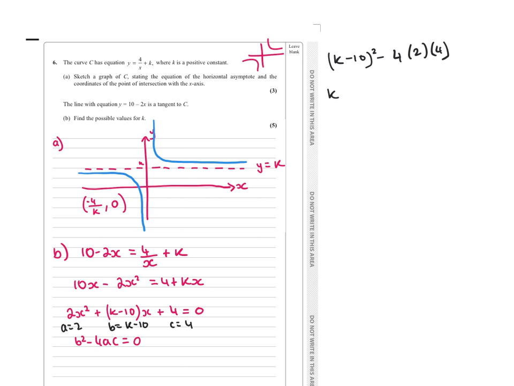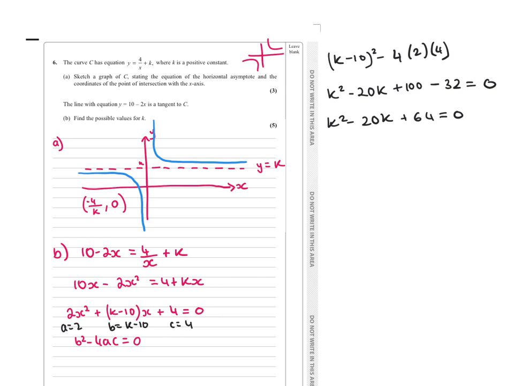So we're going to have k squared minus 20k plus 100 minus 4 times 2 is 8 times 4, 32, equals 0. So k squared minus 20k plus 64 equals 0. So now we need to solve this.